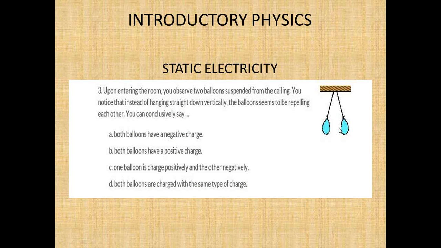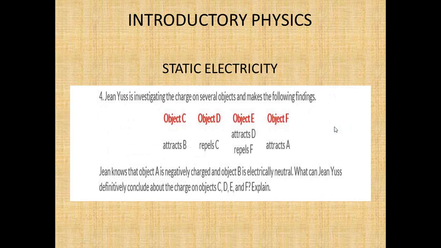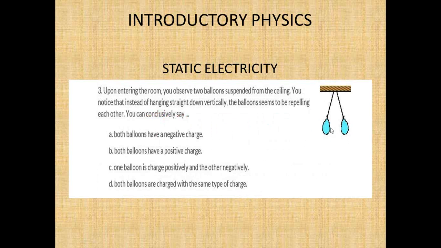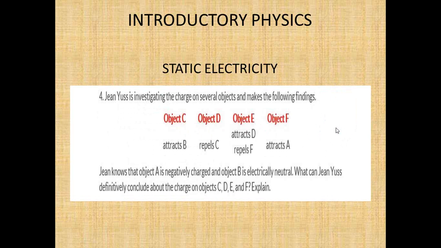So the balloons have to have the same charge. Both balloons are charged with the same type of charge. We don't know the nature of the charge, whether it's positive or negative. But what we know is that for them to repel, they have to have the same charge, a like charge. If they had opposite charge, they would attract each other.